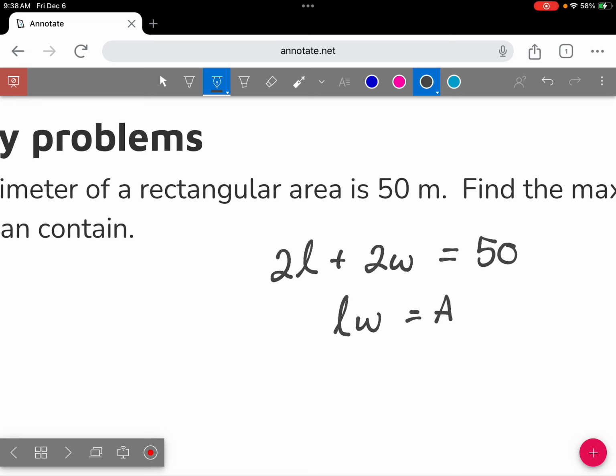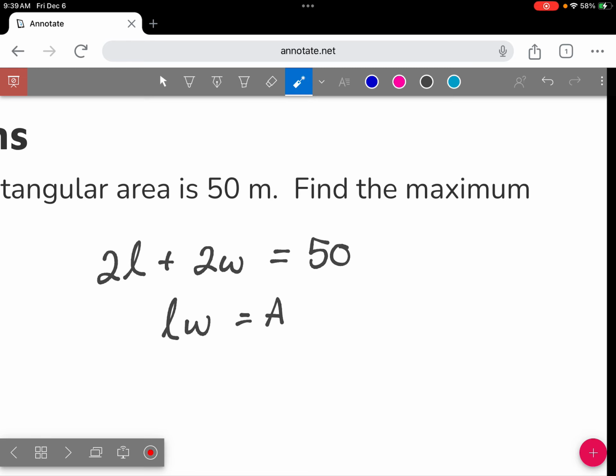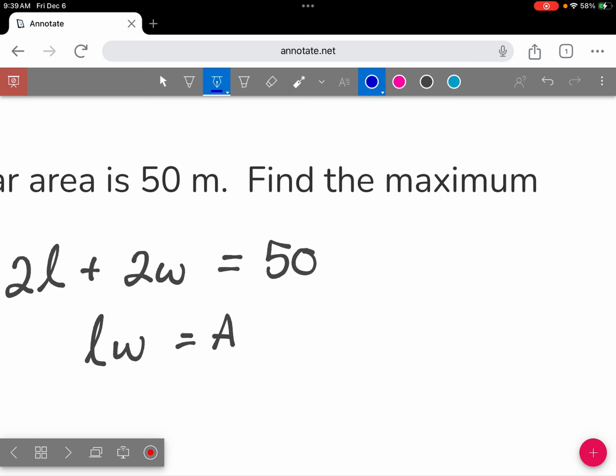I would really like to be able to smash those two equations together. What could I do to be able to put this equation somewhere in here? Yeah, so solve this for one variable. We can absolutely divide everything by 2 to get L plus W is 25.